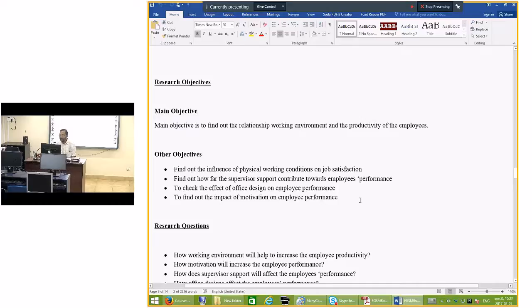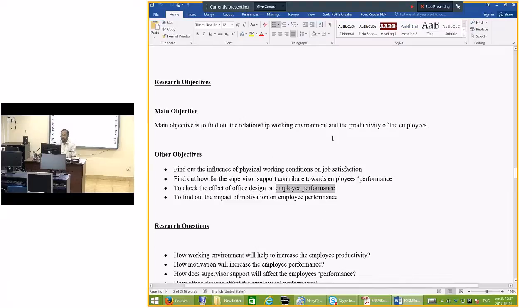Therefore, please use that one word, employee productivity. Performance is different from productivity. Therefore, use that one word, employee productivity. Okay? Okay, sir.